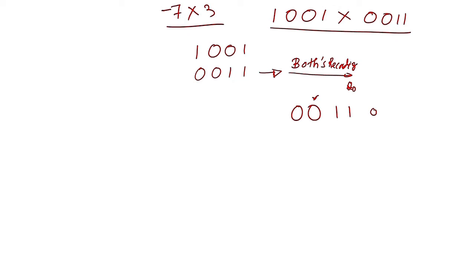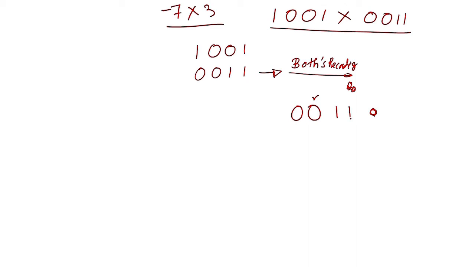So, it will be 0 0 0 1 1 0, and then 1 0 0 1 into 0 0 1 1. As I said, this is 0, this is 1.